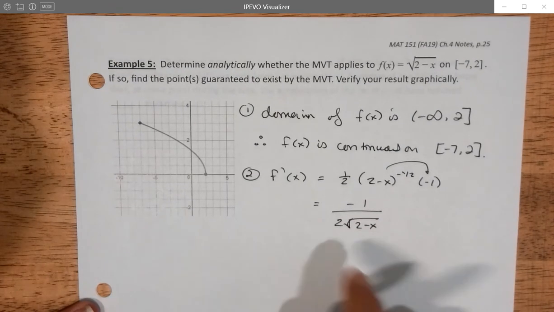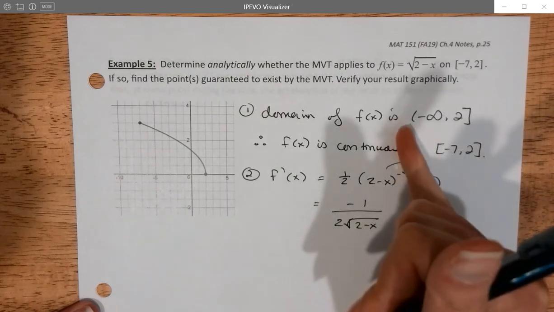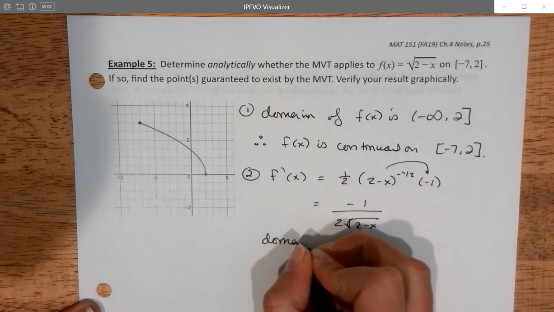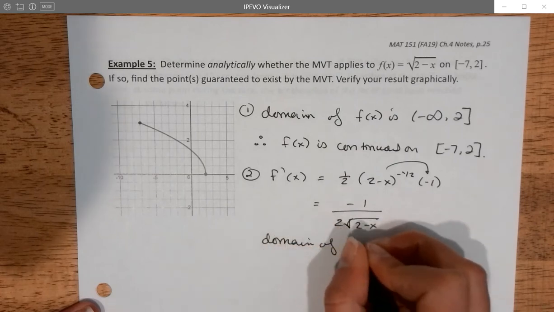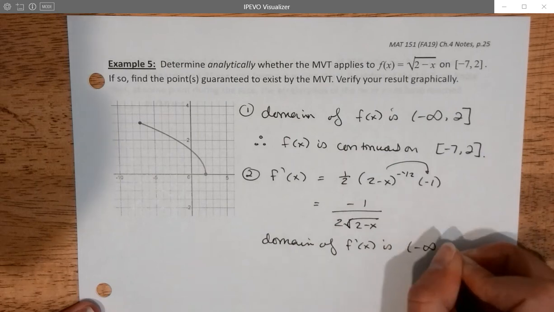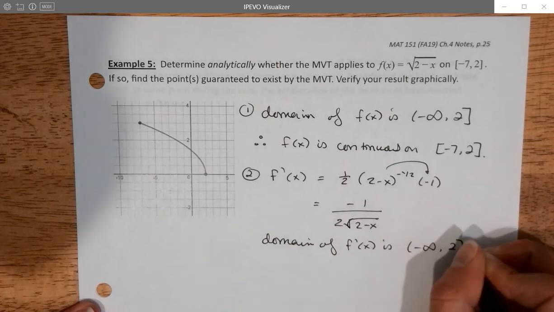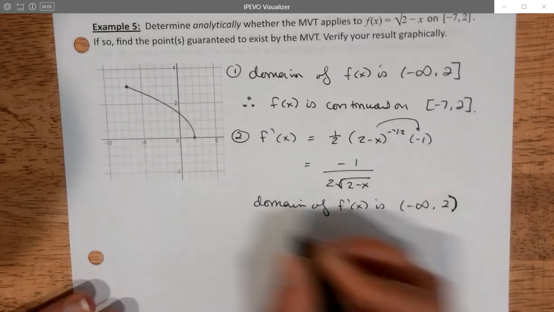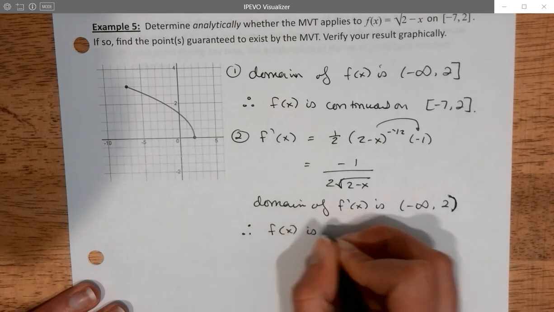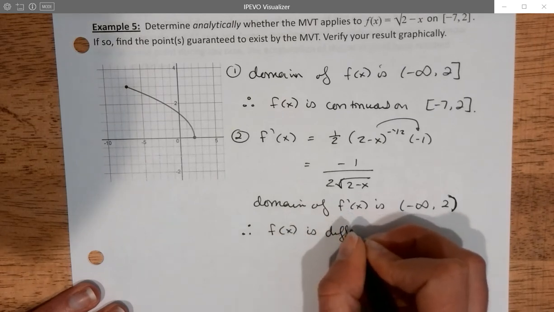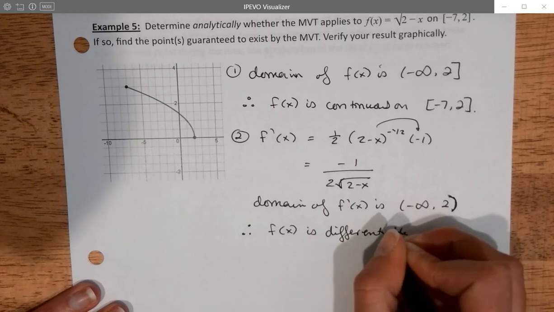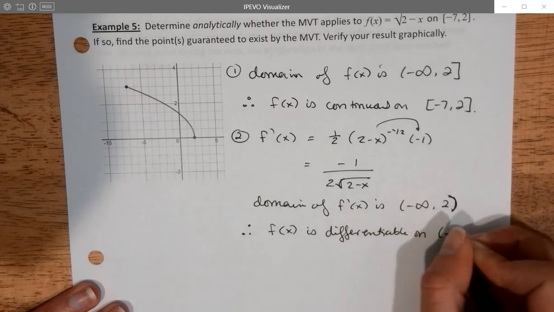Okay, I know I can't have 2 because it makes the denominator 0. The domain of the derivative, f prime, is -infinity up to 2, parenthesis, all real numbers up to but not including 2. So that means that therefore f of x is differentiable, which just means that the derivative exists, on -7 to 2.